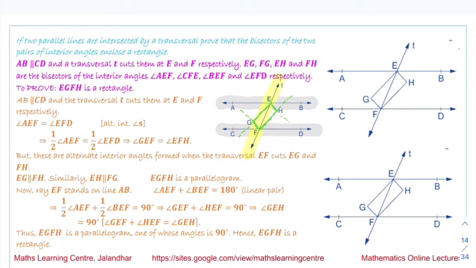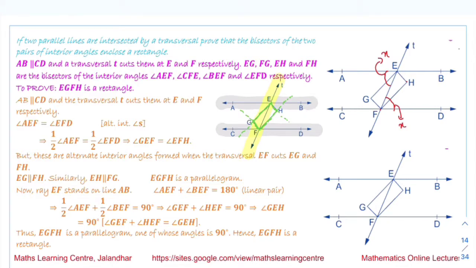So what is given to us is that AB is parallel to CD. So in this figure, this angle AEF is equal to angle EFD, and as FH is the bisector of this angle, suppose this angle is x, this angle is also x.